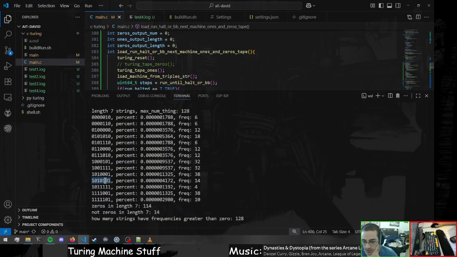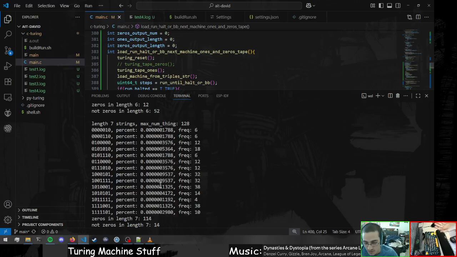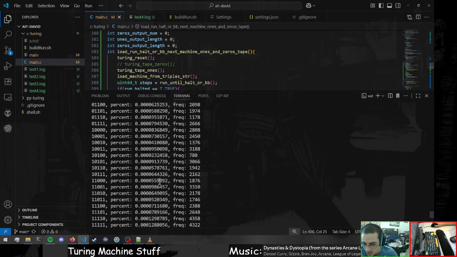We got closer though. This is 14. This is 18. We're just 4 off from being the same. And we still have all the strings, which is pretty good.